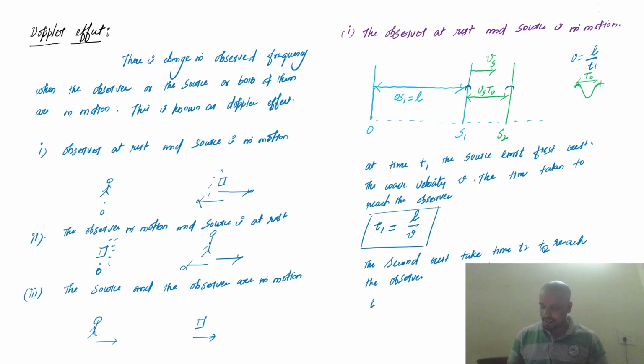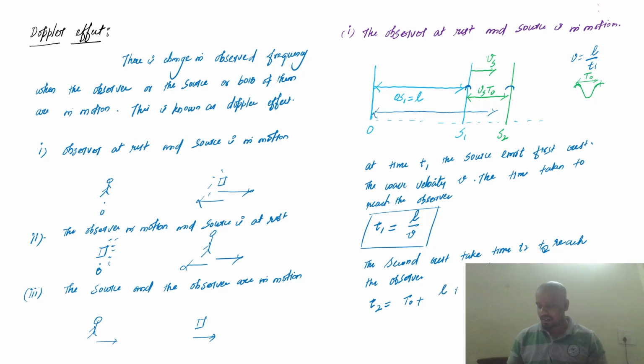That time T2 is the period of the wave, because it's the second crest. It needs the production time for the second crest, the duration T0, plus the second crest needs to travel the distance, this much distance, to reach the observer. So the distance is L plus Vs T0.